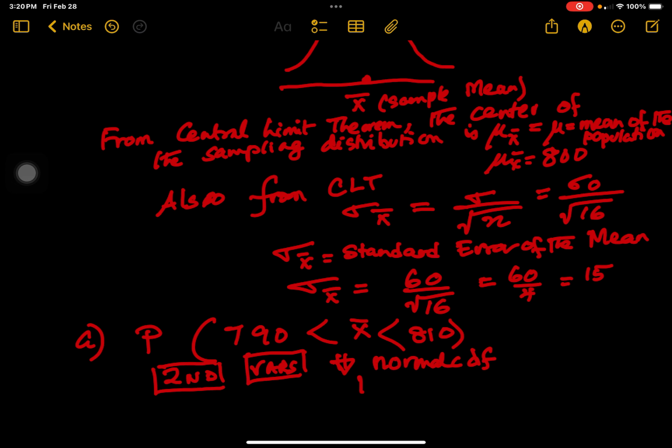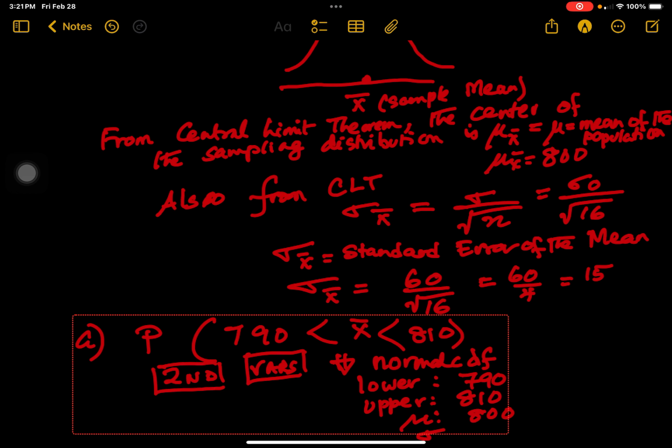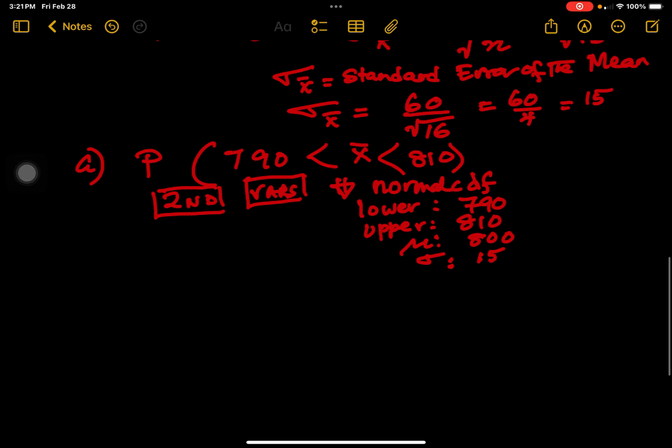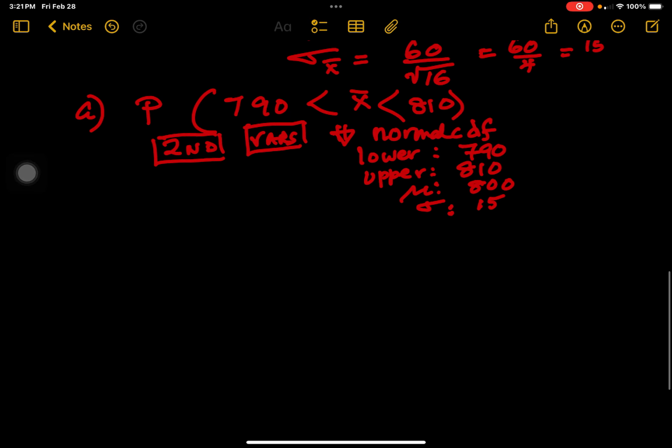Okay, so my lower will be 790, my upper is equal to 810, my mean is the mean of the population, which is 800. My sigma is the sigma x bar, and that is equal to 15. And then I will bring the cursor down on paste and hit enter twice.